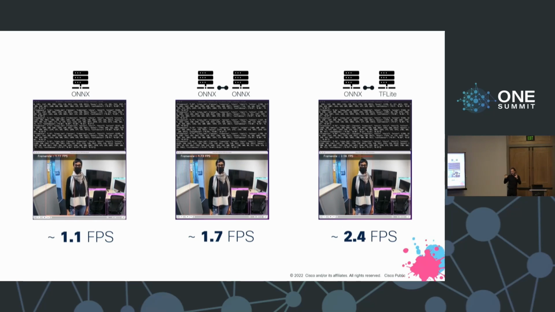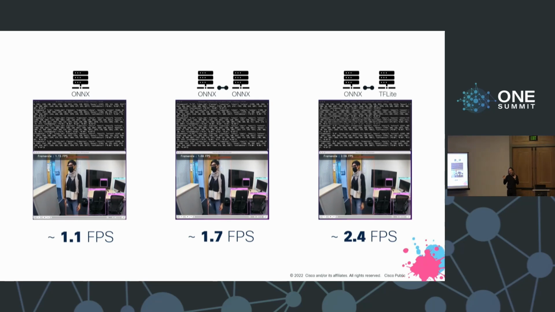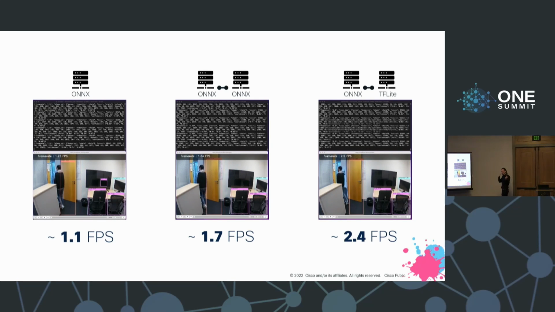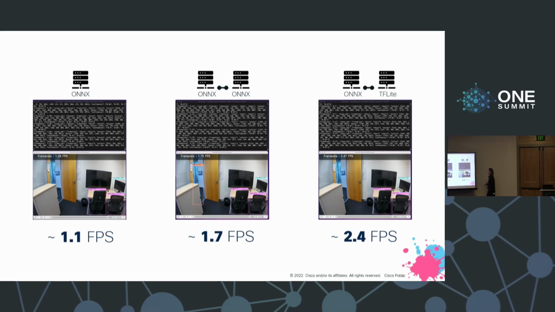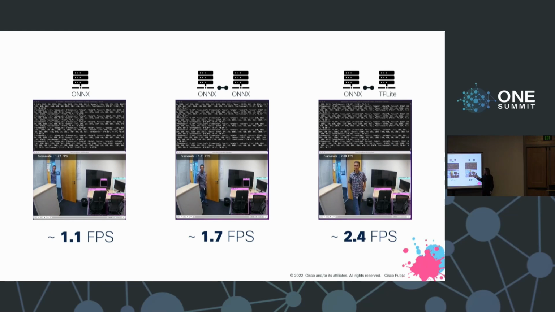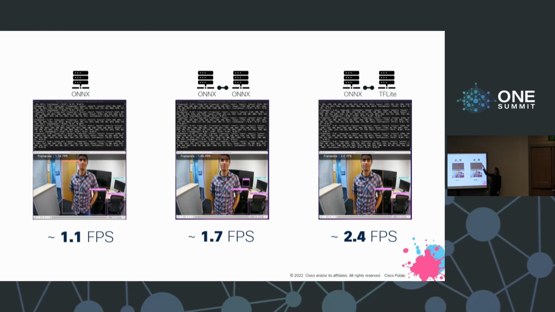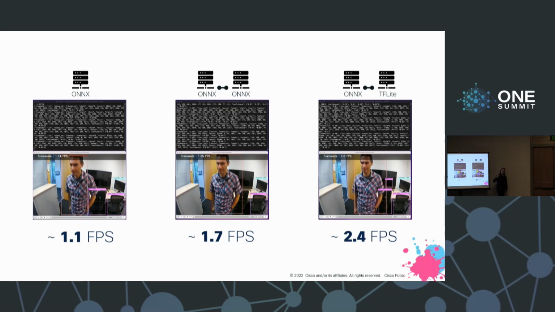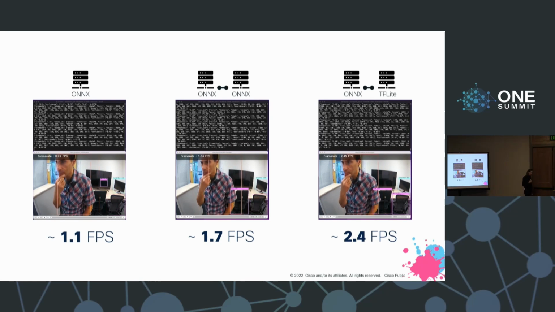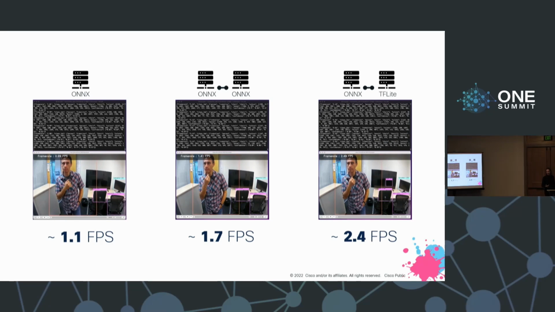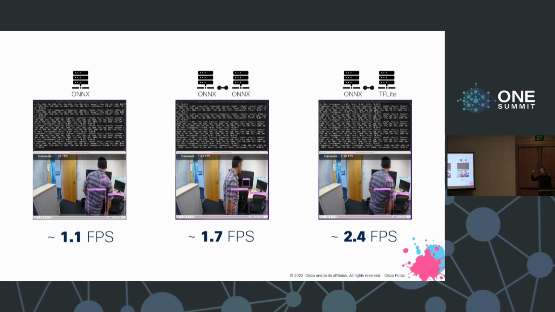So the nodes need quite a bit of compute in order to push data backwards and forwards in that particular case. I can go higher if I have one of the nodes optimized for another runtime. So if this node is optimized to run TensorFlow Lite, like in this particular case, I can obviously go higher.